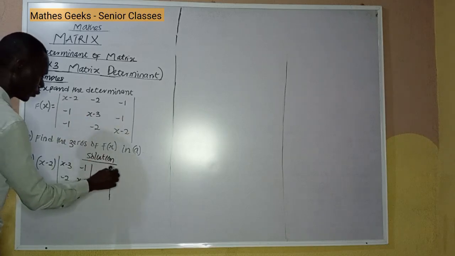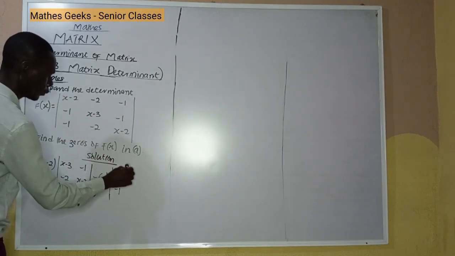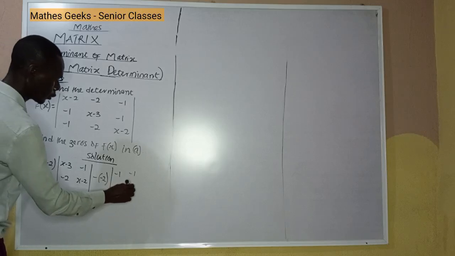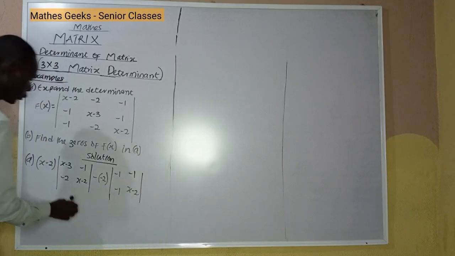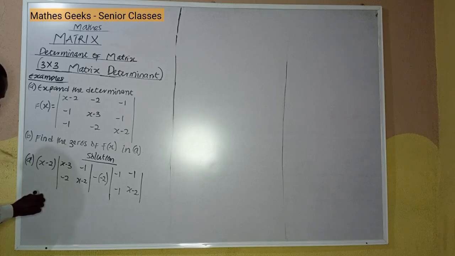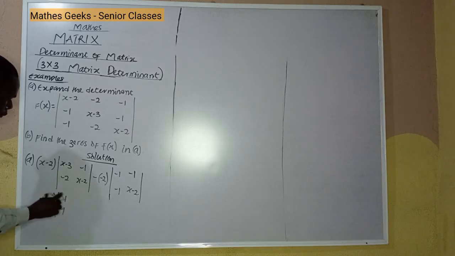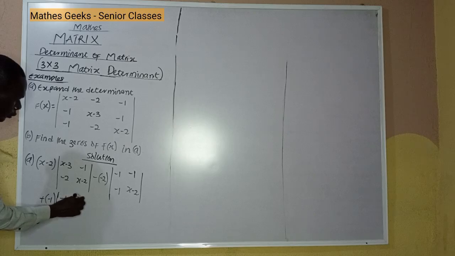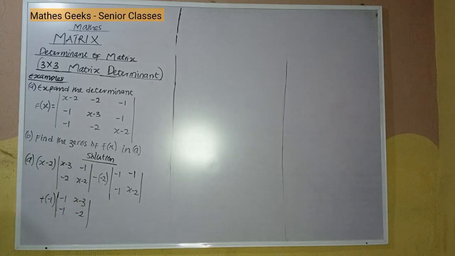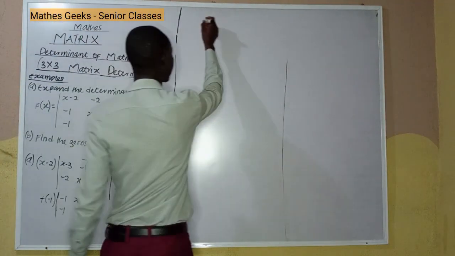First row, second column: minus 1, minus 1, minus 1, x minus 2, and plus minus 1. First row, third column: minus 1, minus 1, x minus 3, minus 2. Okay.